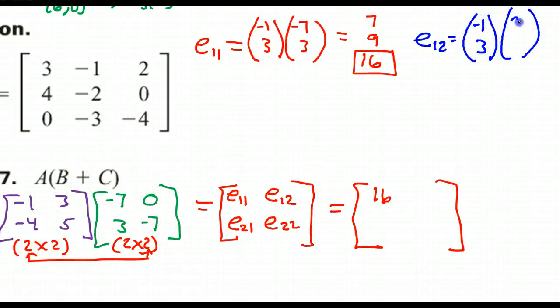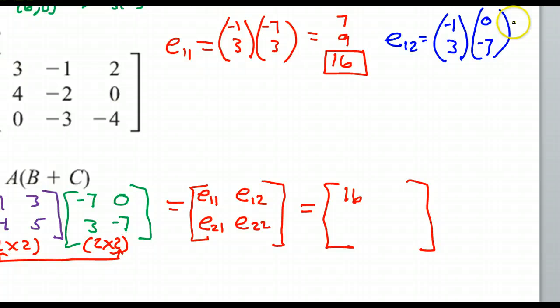Column 2 is 0, -7. If I multiply those together, I get 0. Well, that was close. Anything times 0 is 0, and -21. So that makes -21 when I add those up. So this is -21.